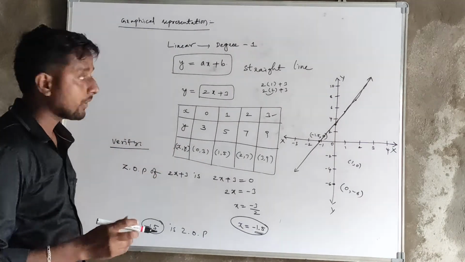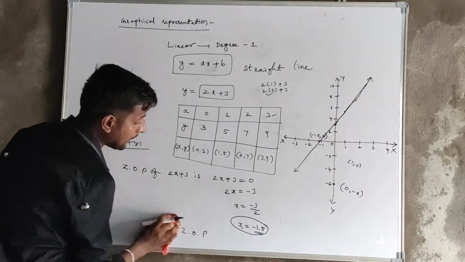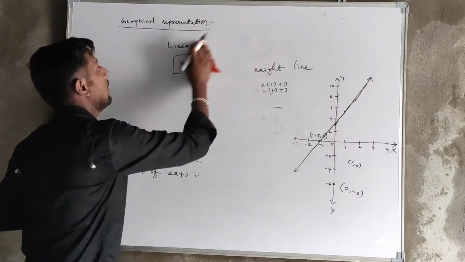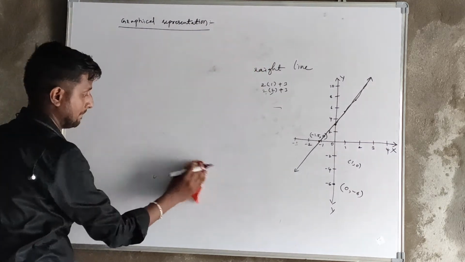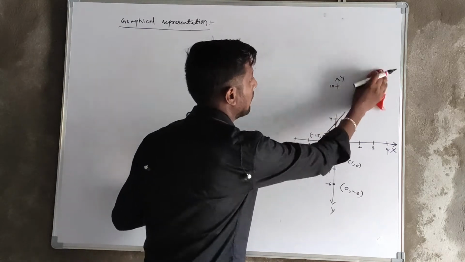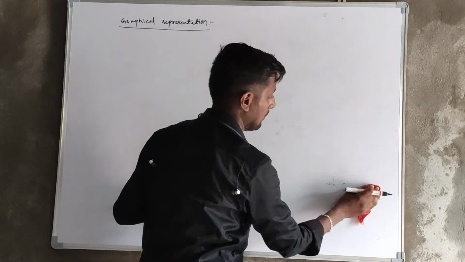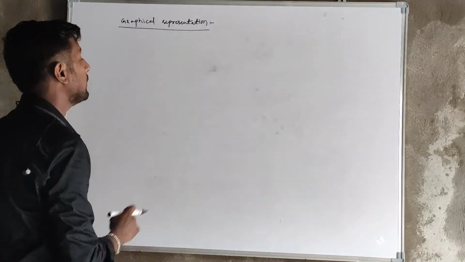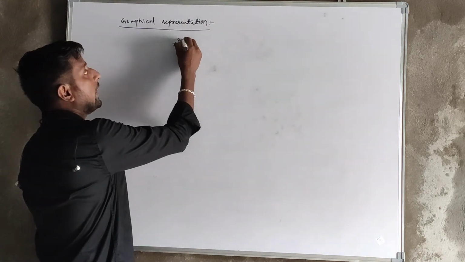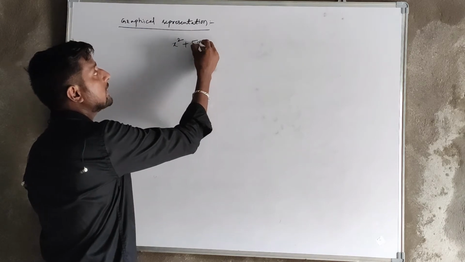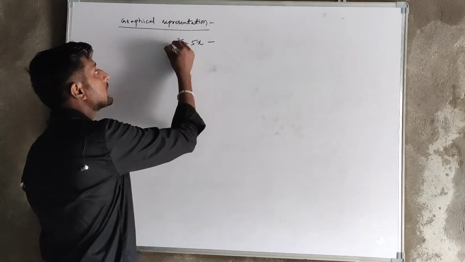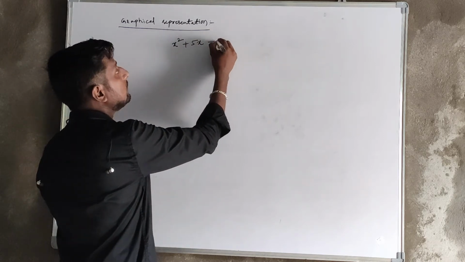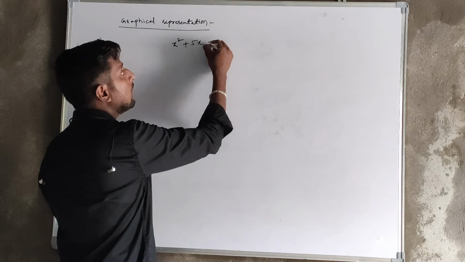Okay. Now we'll go with the quadratic equation. So x square plus 5x plus 20.